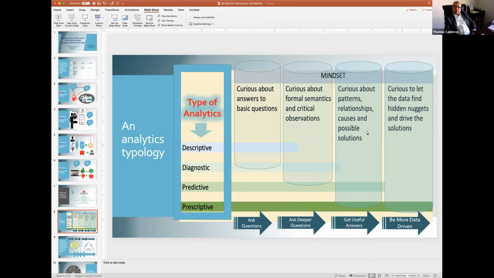So in this particular analytics typology, what you're going to find is that many accountants are at the level of being curious about answers to basic questions and curious about formal semantics and critical observations. That's where most accountants are in terms of analytics. We are just beginning to move to the higher level mindsets. Some people call this algorithmic thinking, the higher levels of algorithmic thinking.